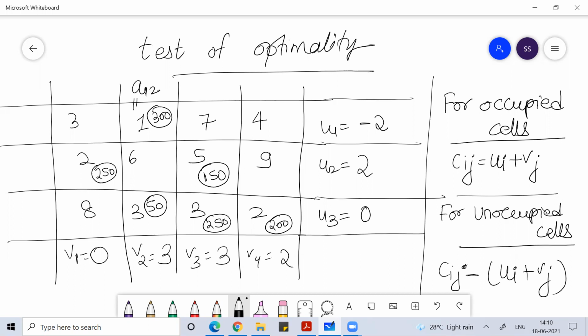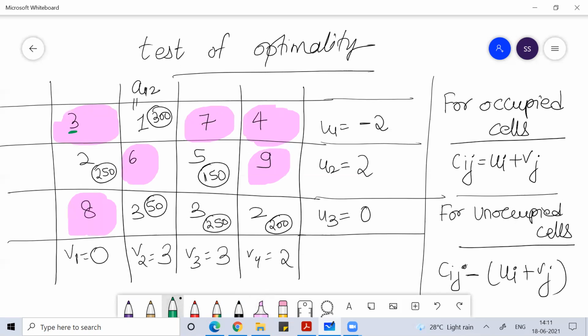If you get positive value everywhere, it means your solution is optimal. Okay, so which are the unoccupied cells? This is an unoccupied cell, this one, this one, this one, this one, this one. For all these cells, use the formula, guys.